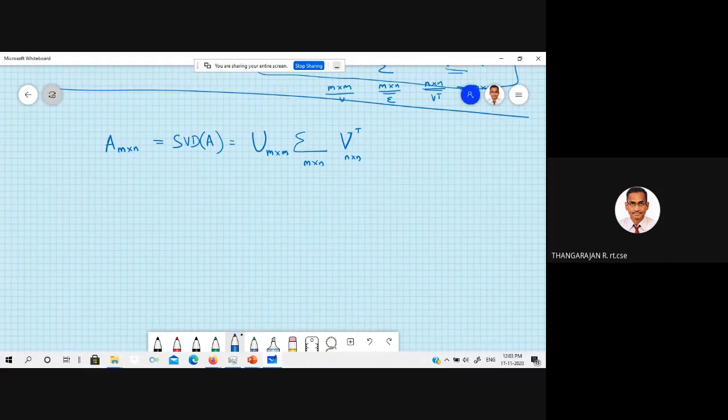Now you know what sigma is. Sigma is an m cross n matrix; assume that m is less than n in this case, so you have fewer rows and more columns. You will have some lambda 1, lambda 2, lambda 3, and other entries will be 0.